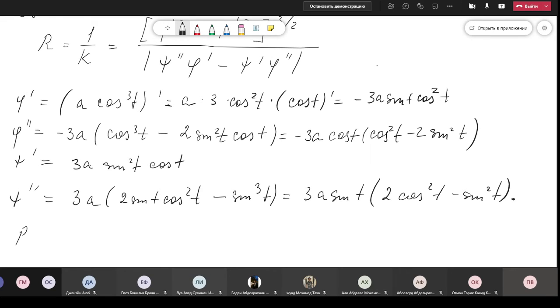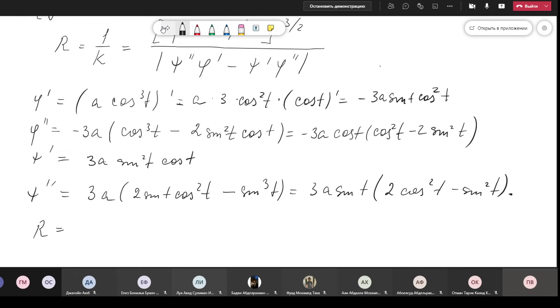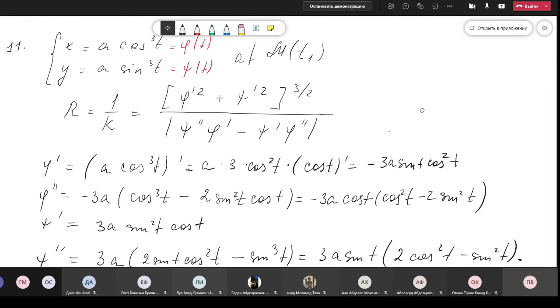Calculate R using the formula that I wrote down above.